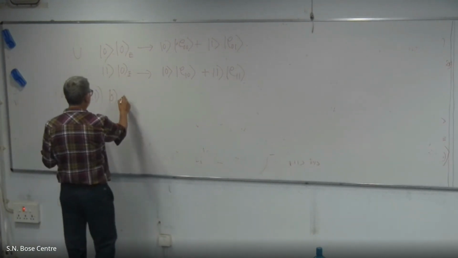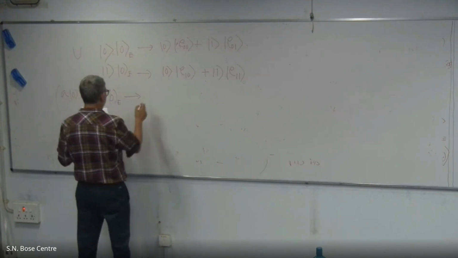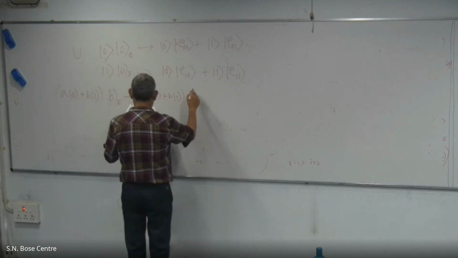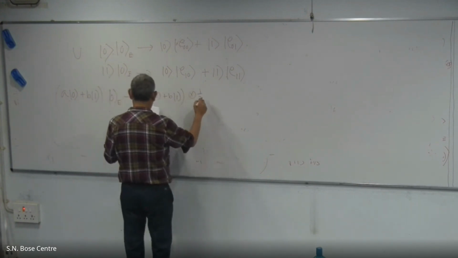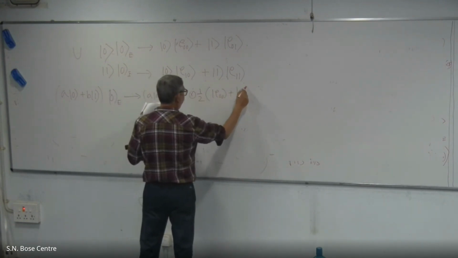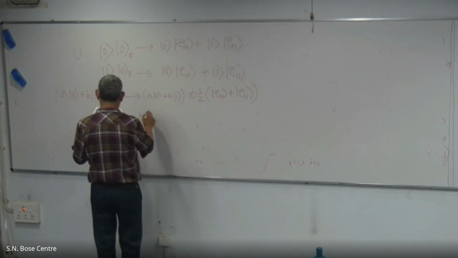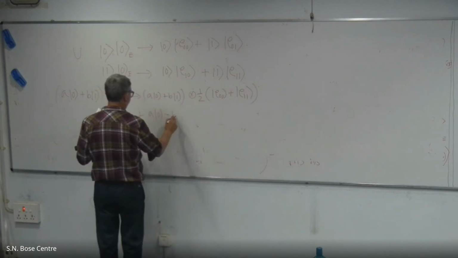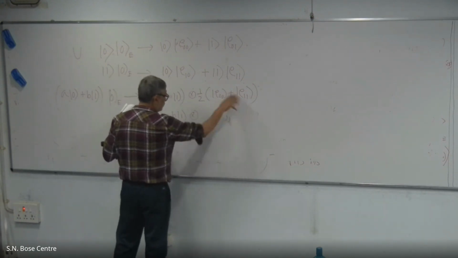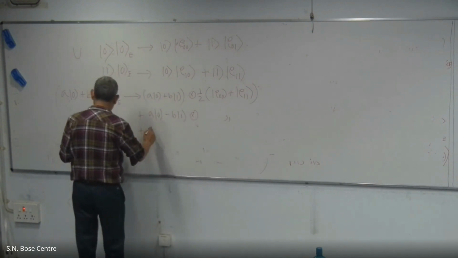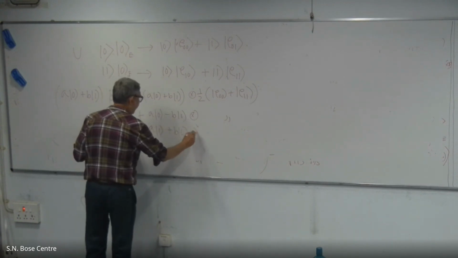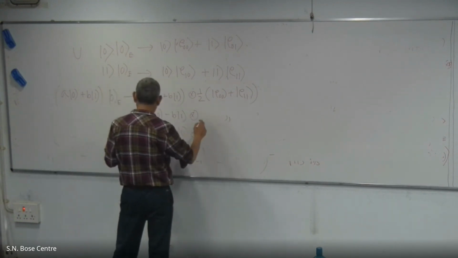It can be written as A0 plus B1, a superposition of this thing plus something, not exactly this thing.